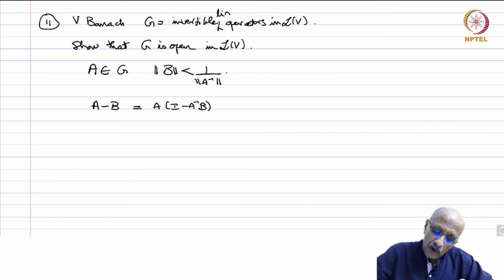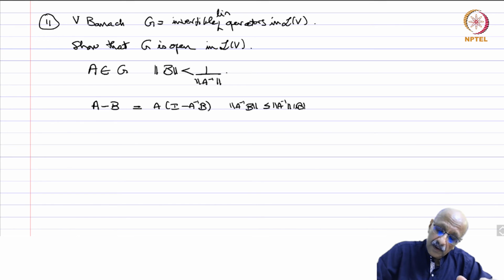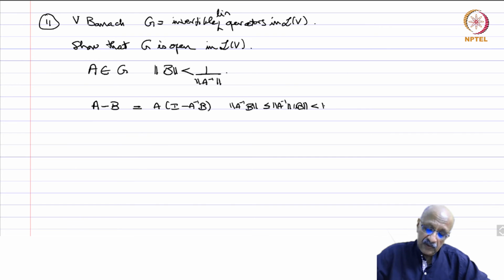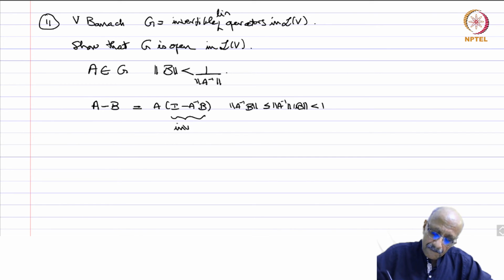Now what about the norm of A inverse B? This is less than or equal to norm A inverse times norm B, and norm B is less than 1 by norm A inverse, so this is strictly less than 1. So this is invertible, A is also given to be invertible, and therefore A minus B is invertible.